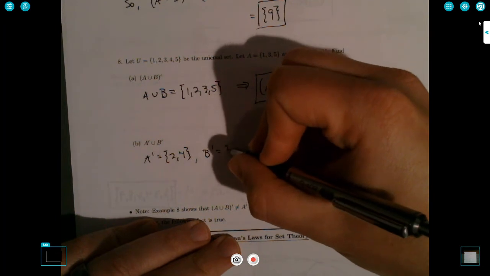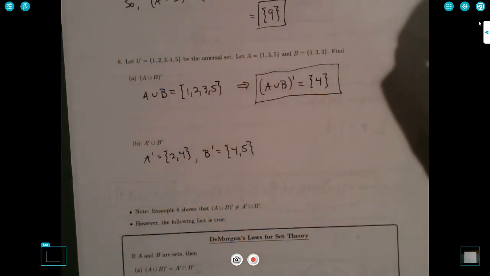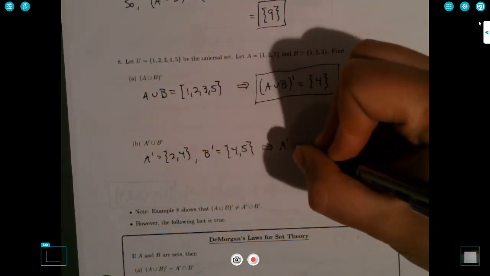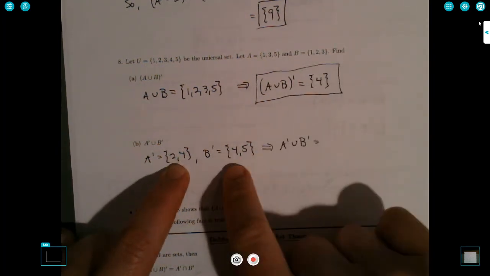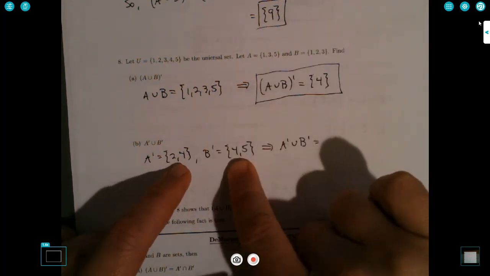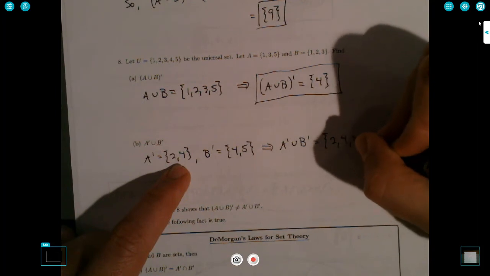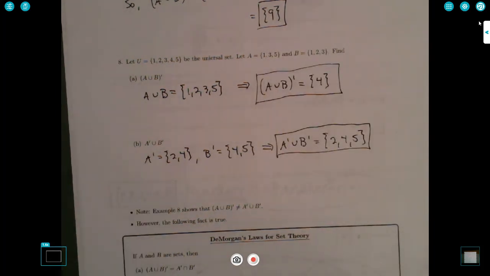We're missing 4 and 5. So then A complement union B complement would be 2, 4, and 5, right? It's the union, so it's the marriage. We're throwing them all together into one set. 2, 4, and 5. So there's A complement union B complement.